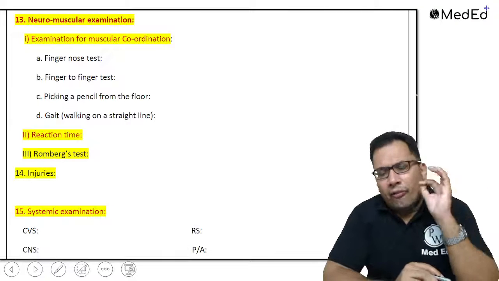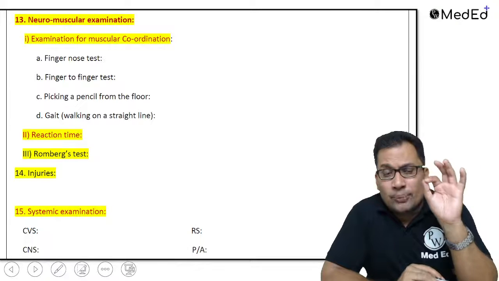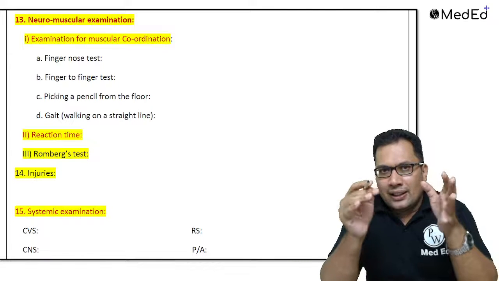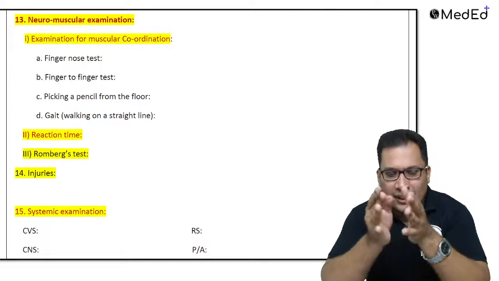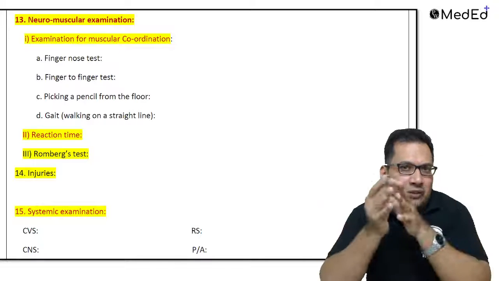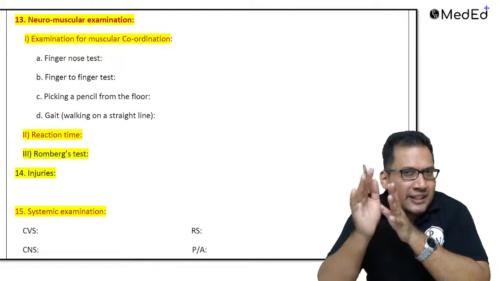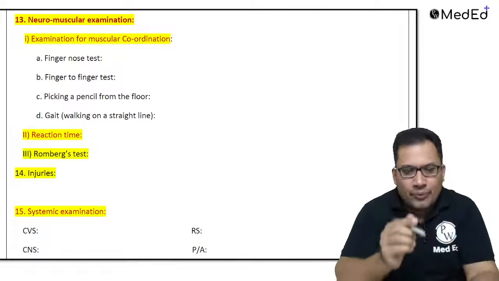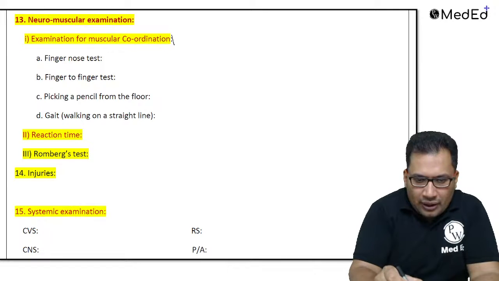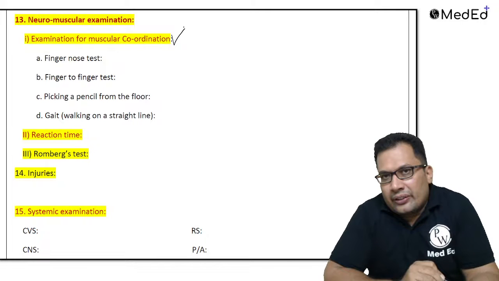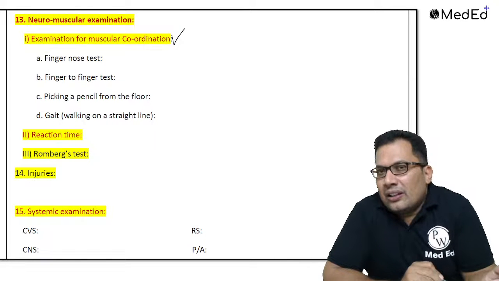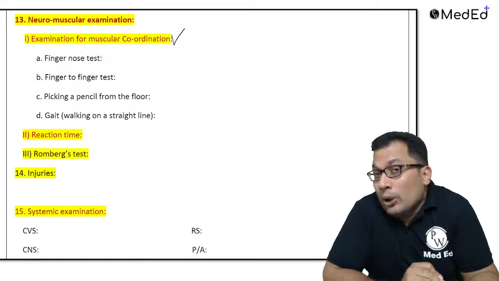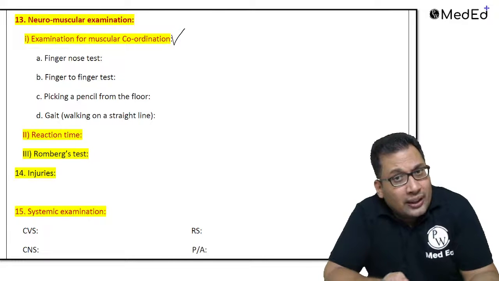Next is the very important neuromuscular examination. This examination is the essence of the drunkenness certificate. You must examine the neuromuscular condition. For example, you should examine for muscle coordination. If he is under the influence of alcohol, there will be muscle incoordination. How to detect that?